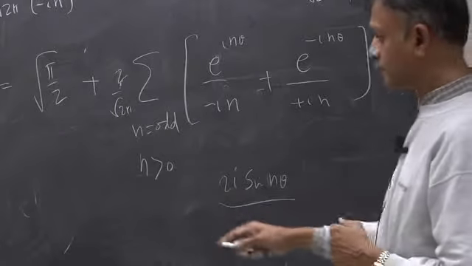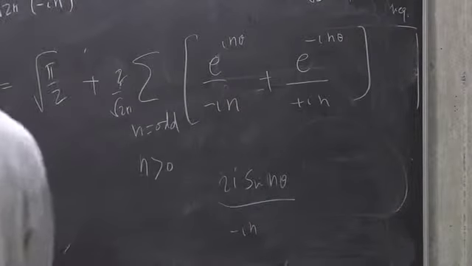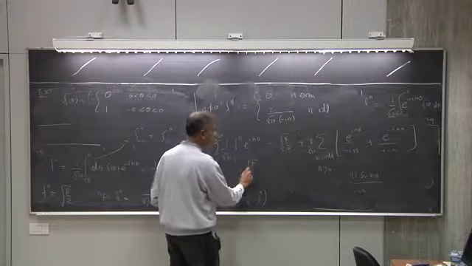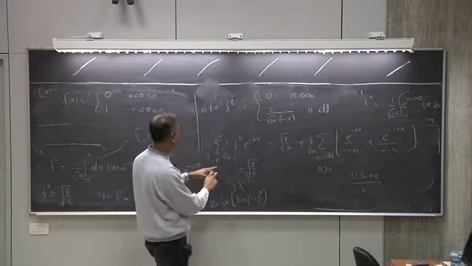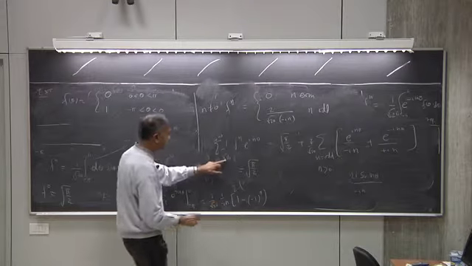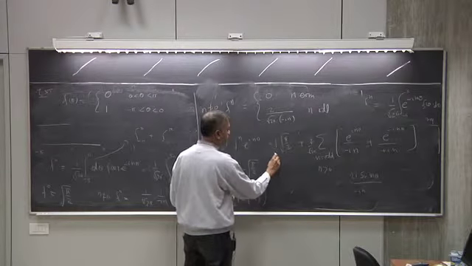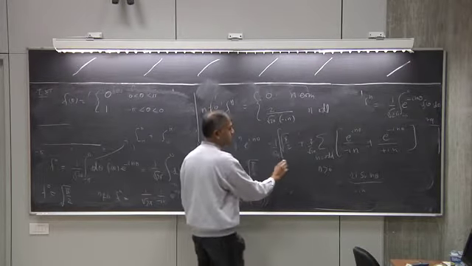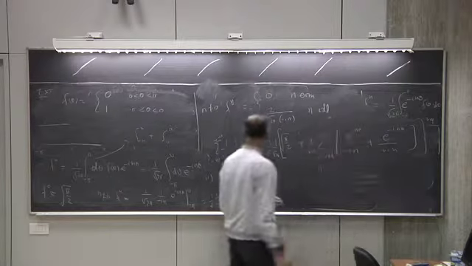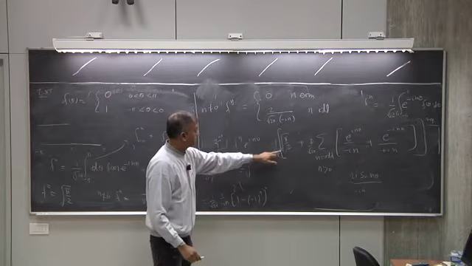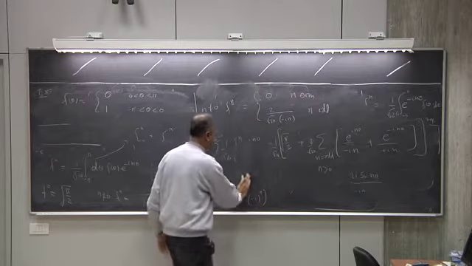So putting that all together, you find here this is root pi by 2. What is root pi by 2? Now I still have to divide by, there is a 1 over root 2 pi outside. So what do we get here? Root 2 pi. So that gives you 1/2.